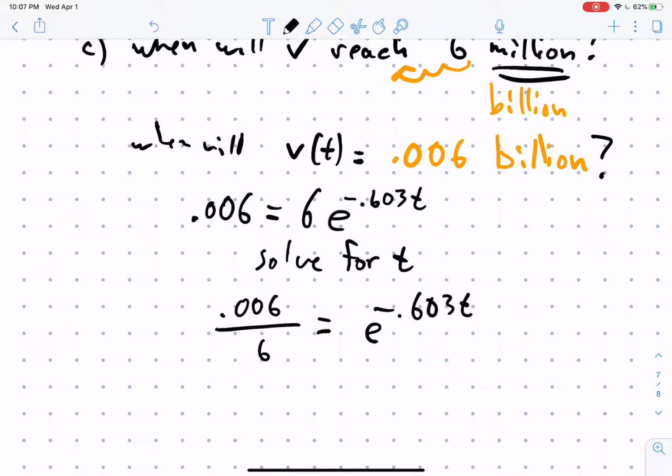The next thing that we're going to want to do, because our variable is stuck up in the power, is we're going to take the natural log of both sides. So the natural log of this 0.006 over 6 is equal to the natural log of e to the minus 0.603 t.